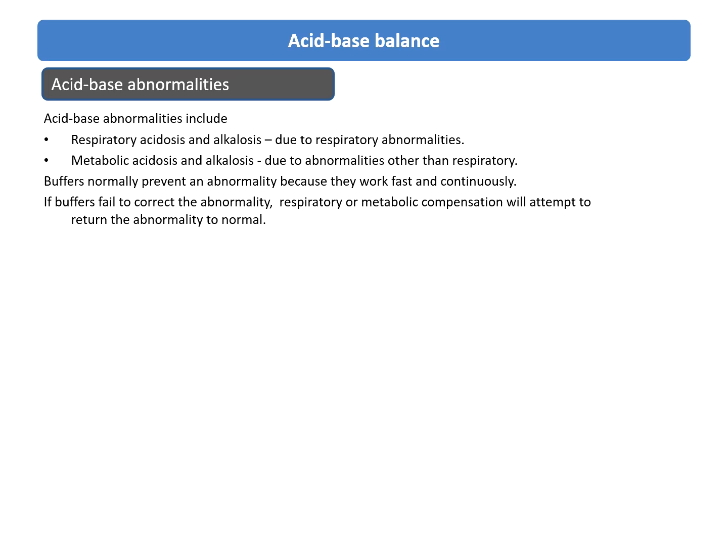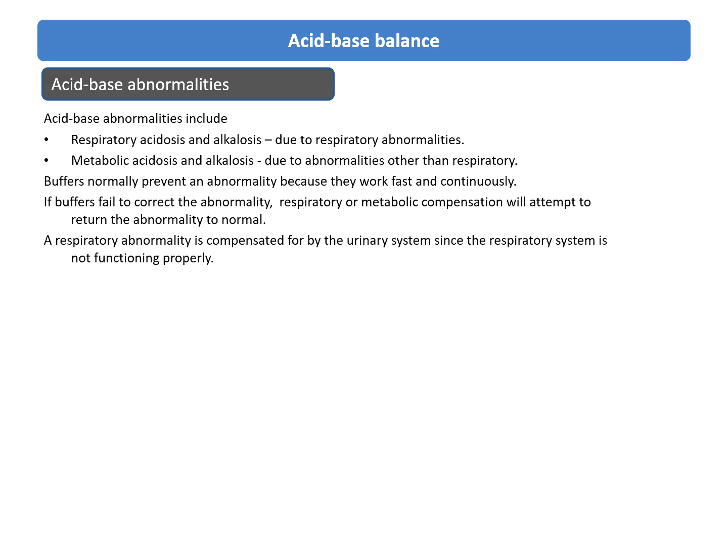If buffers fail to correct the abnormality, respiratory or metabolic compensation will attempt to restore the abnormality to normal. A respiratory abnormality is compensated for by the urinary system, since the respiratory system is not functioning properly. A metabolic abnormality, on the other hand, is compensated for by the respiratory system, because respiratory control is fast.